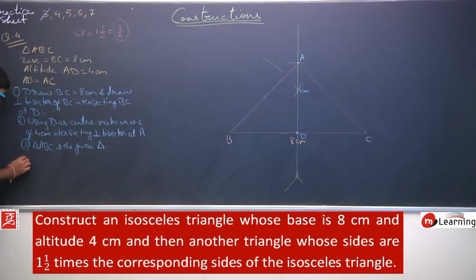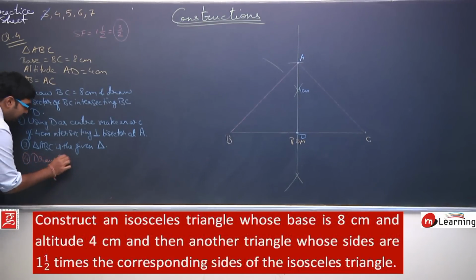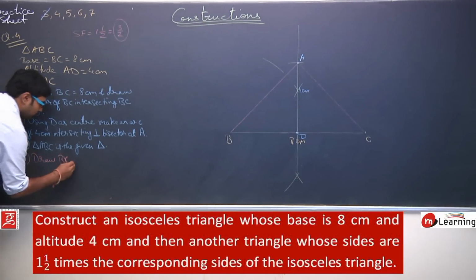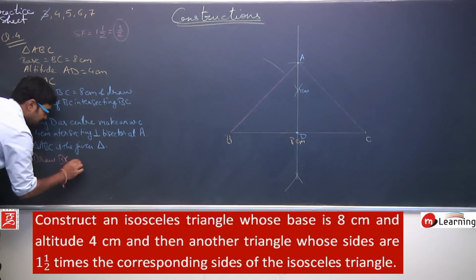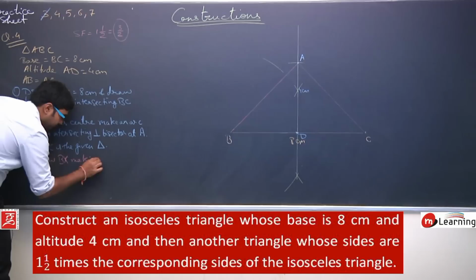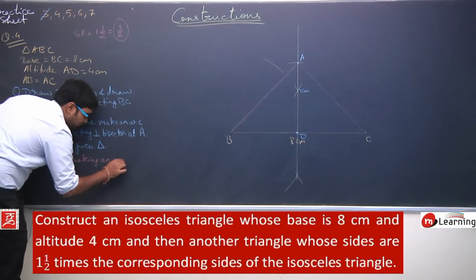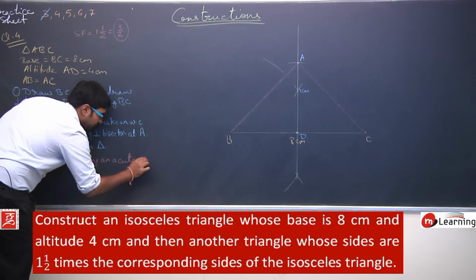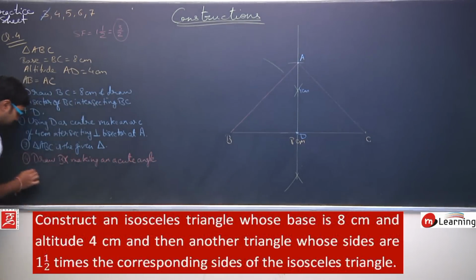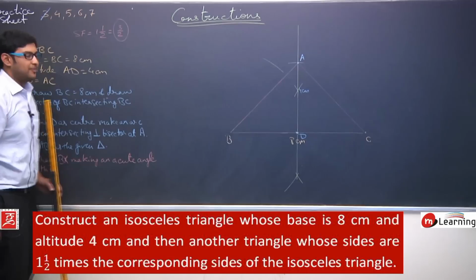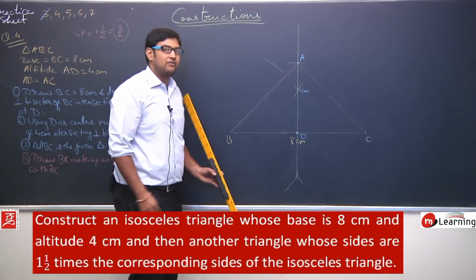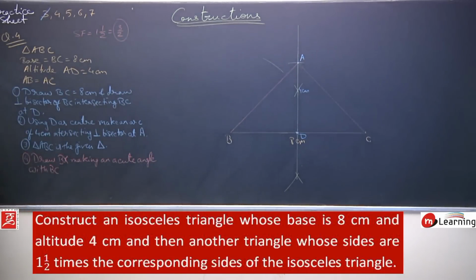the step 4 will be draw BX, making an acute angle with BC. This BX will make an acute angle with this BC. So I will draw BX.